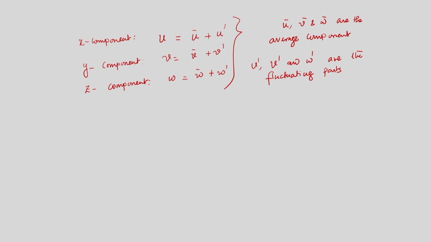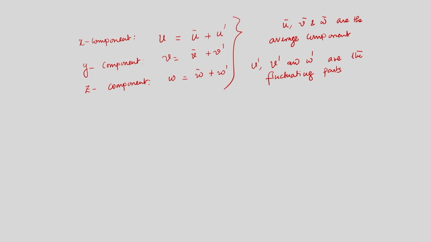The measurement of turbulent flow parameters, the velocity components and other parameters, is not so easy. It involves complicated measurement techniques and methods, but we will see how we can measure both the average and the fluctuating parts. That is the important part.